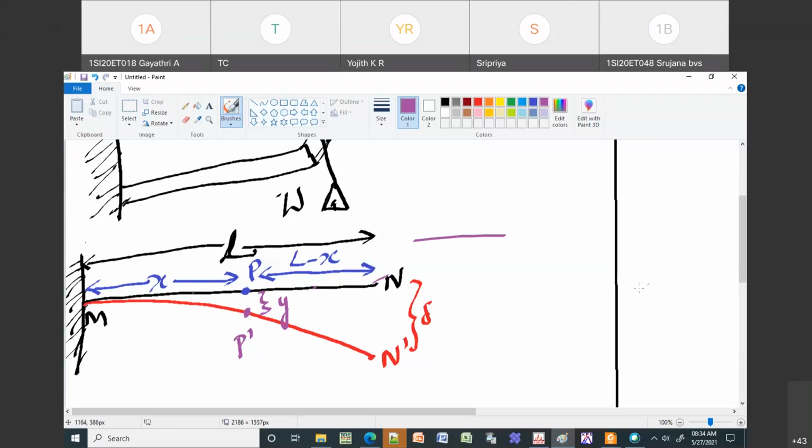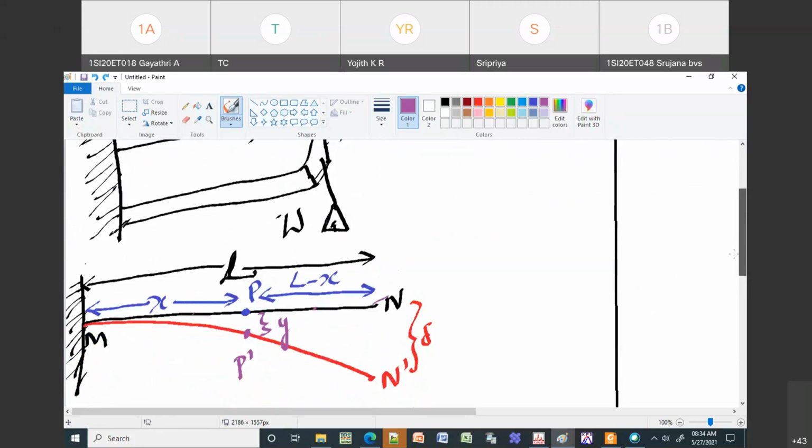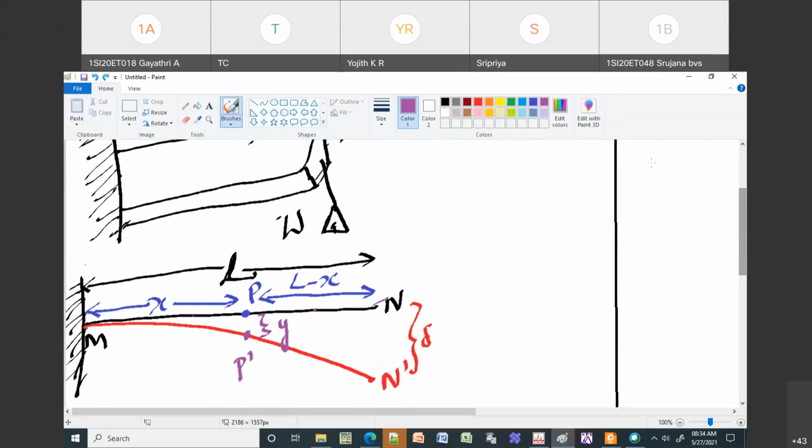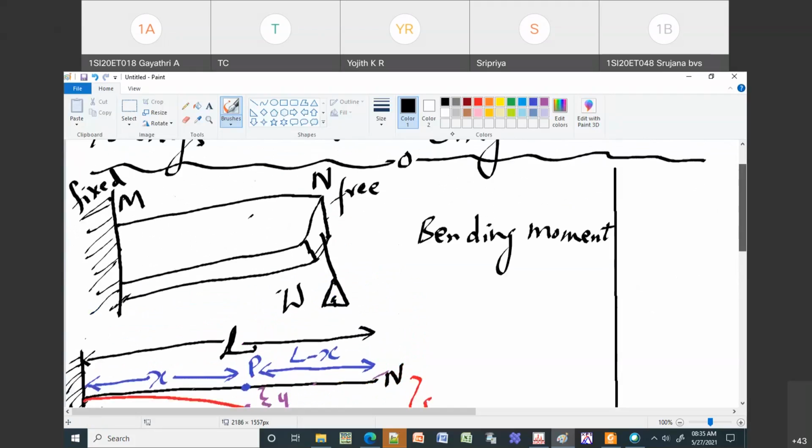Now if you want to write the bending moment with respect to P, what will happen? Normally, if you take the external bending moment, it is nothing but the force which is acting on the beam into the perpendicular distance from the neutral axis.